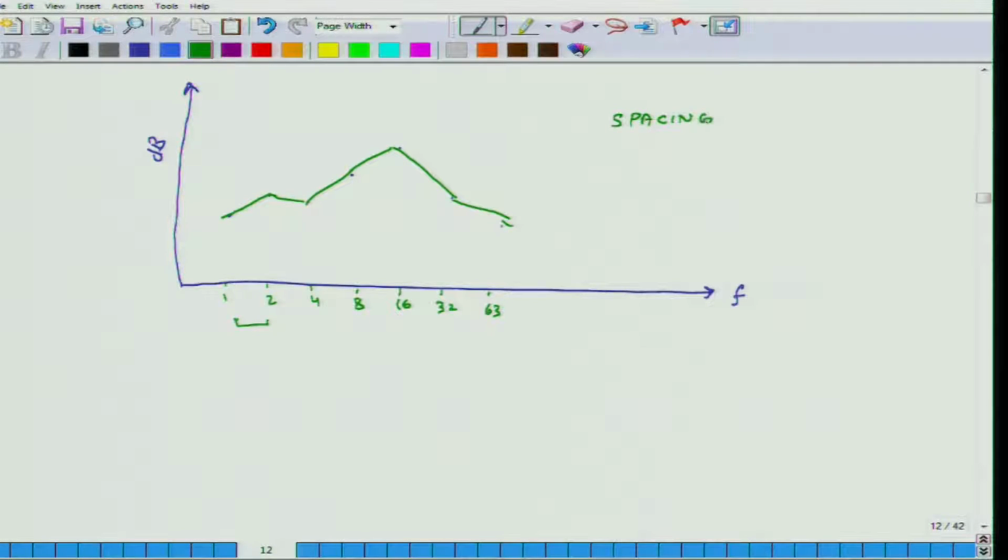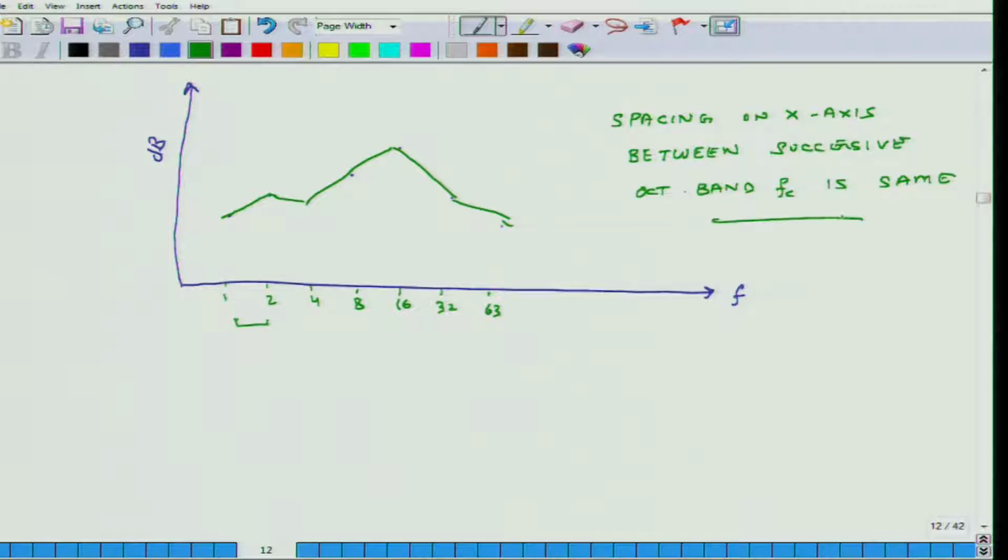The spacing between successive octave bands' central frequencies is the same. Essentially what that means is this is a logarithmic scale. The spacing between 1 and 2 is not double, or half, of that between 2 and 4, and so on and so forth. It's the same thing. So this is important to note.